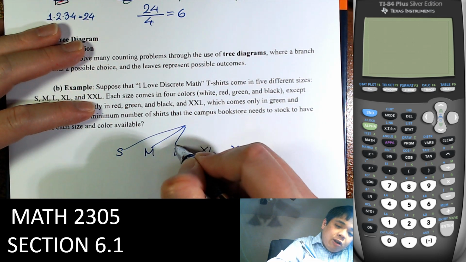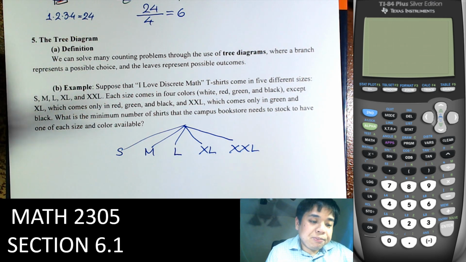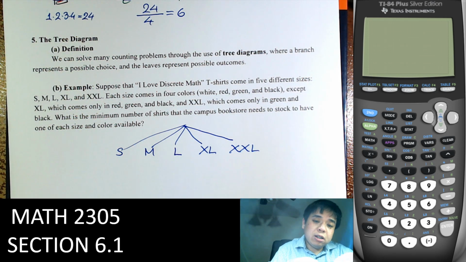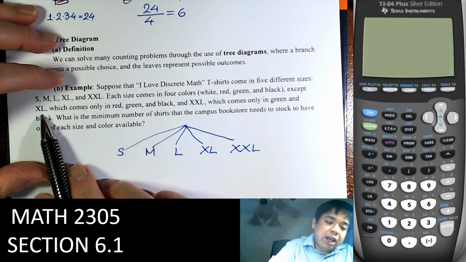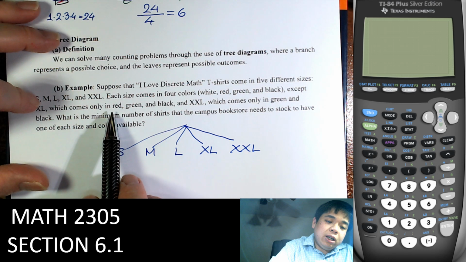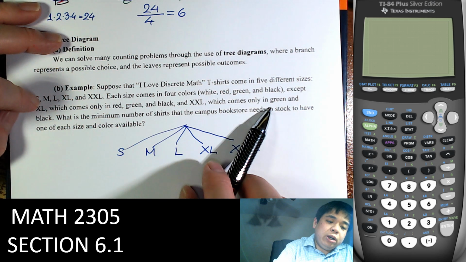So there are 5 options there. Now the color scheme. Each size comes in 4 colors: white, red, green, and black. Except extra large can only go with red, green, black, and XXL only green and black.